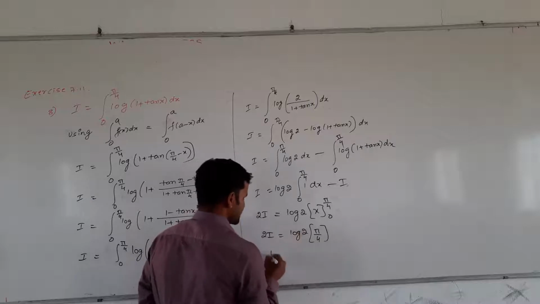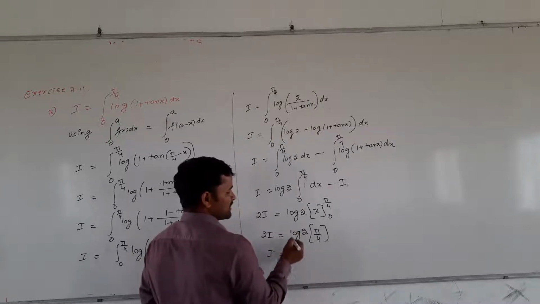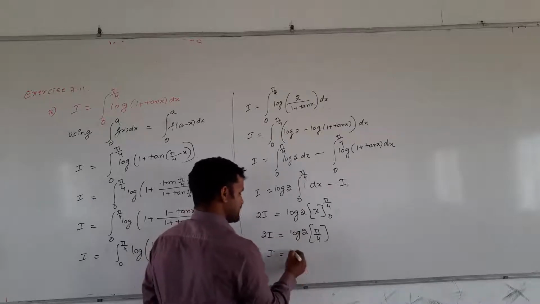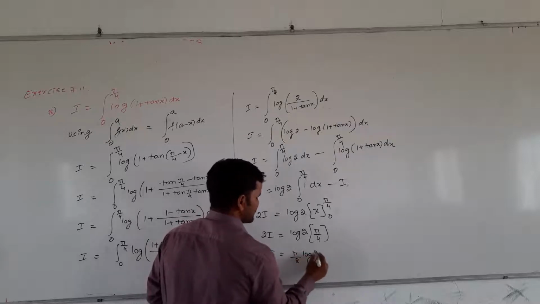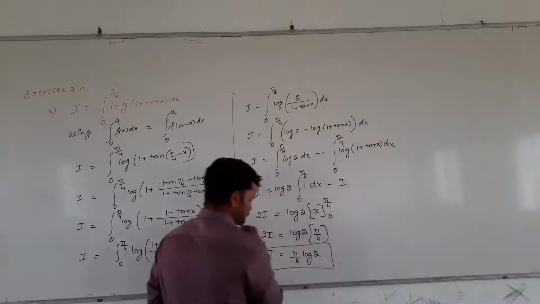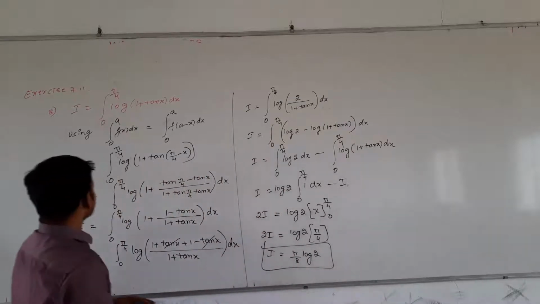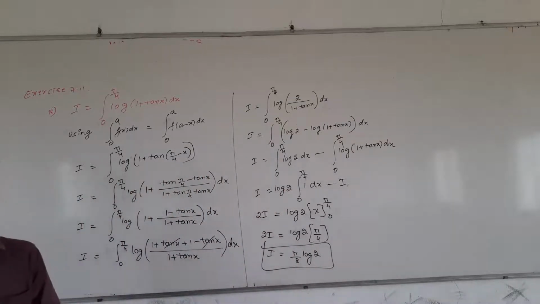I will take the 2 to the right hand side, I is equal to pi by 4 by 2, it is pi by 8, into log 2 as it is. So this is the answer for question number 8.